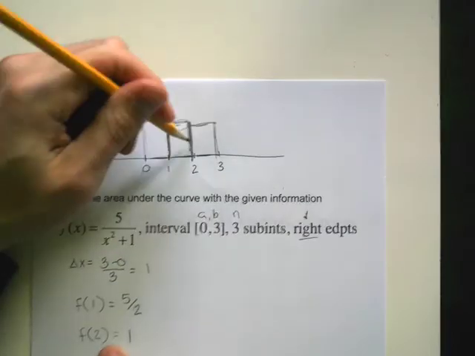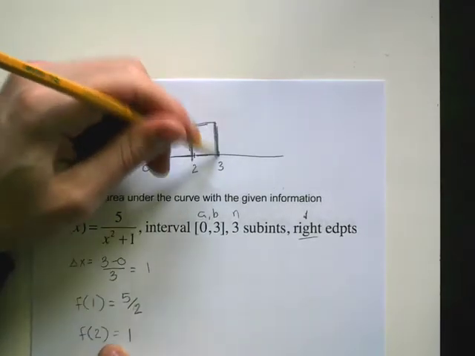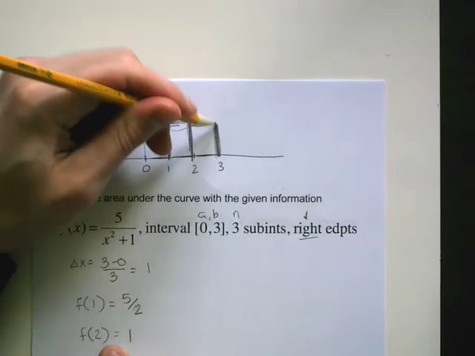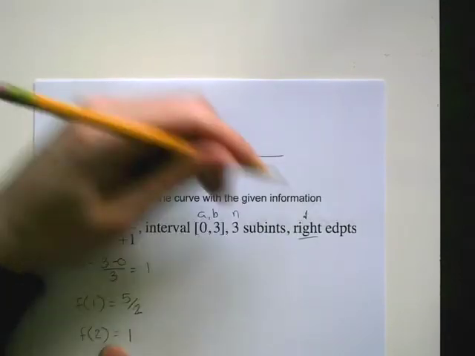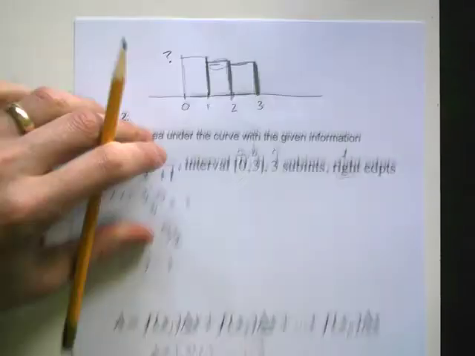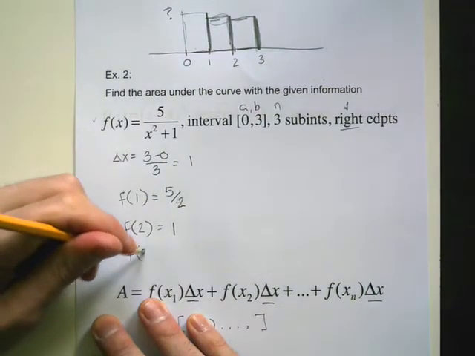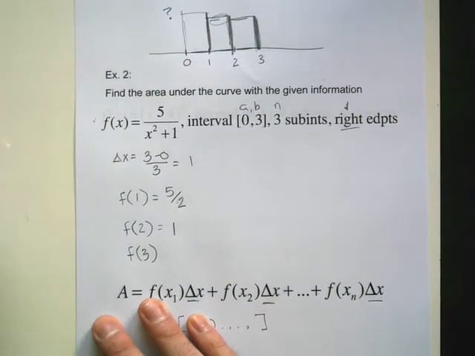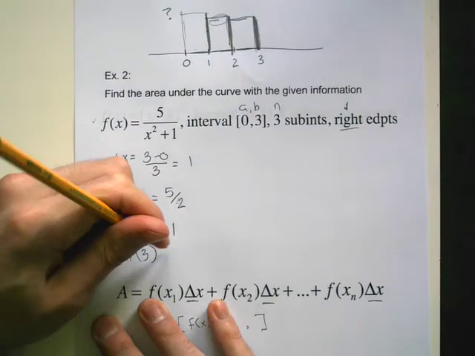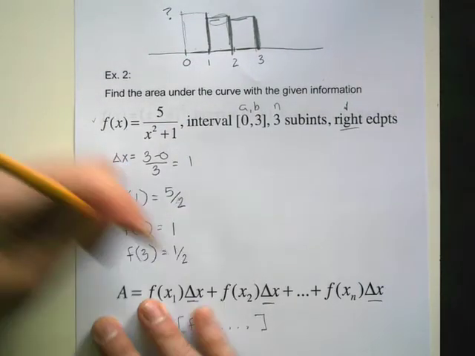Then I go to my third rectangle. This is where I'm going to use that last edge. I didn't get to use that on the last problem because now we're using right endpoints. So I'm going to use my right edge, which is f of 3. 5 over 3 squared plus 1 is 5 over 10, which is 1/2.